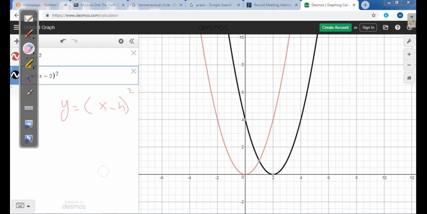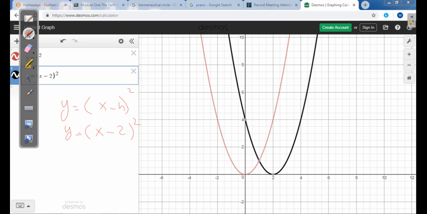If your h value is positive 2, you're going to place it here. So that's going to be y equals (x minus 2) squared, because you're replacing h with a 2.